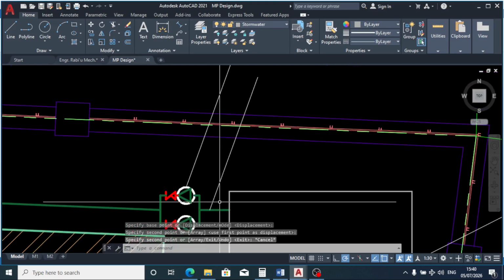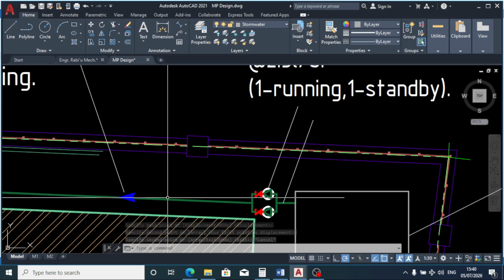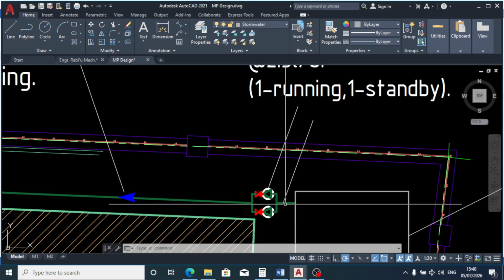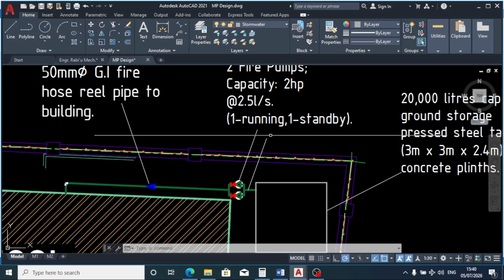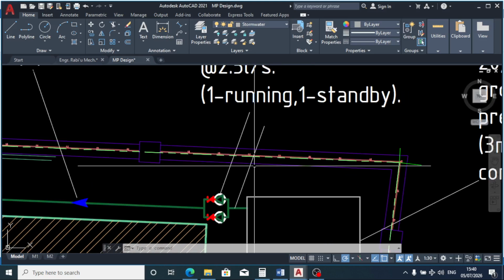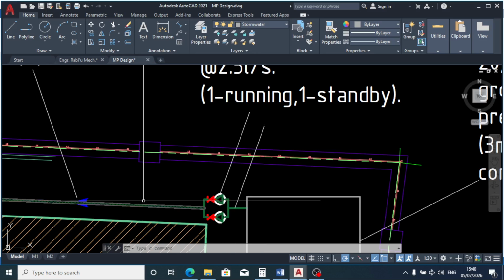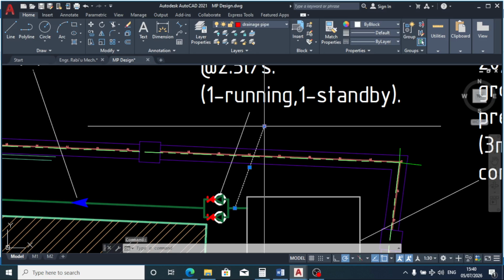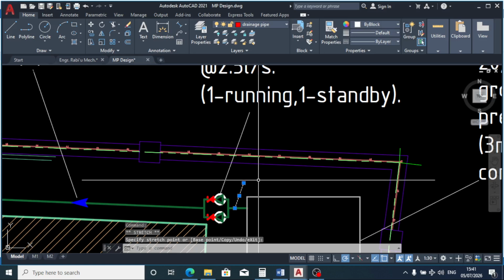So remember, since we are having a 50 mm diameter discharge pipe, our suction pipe should be 70. It should be 75. Let's make it 75. It should be bigger than the discharge pipe. Why? So that the pump will always be charged with water in order to continue discharging to our hose reels, to prevent cavitation and impeller damage.